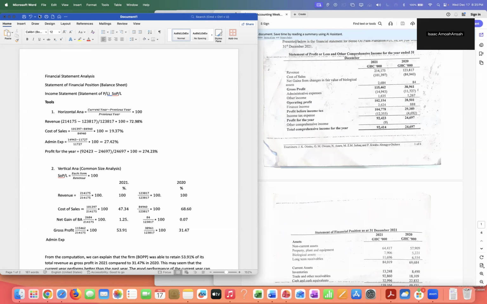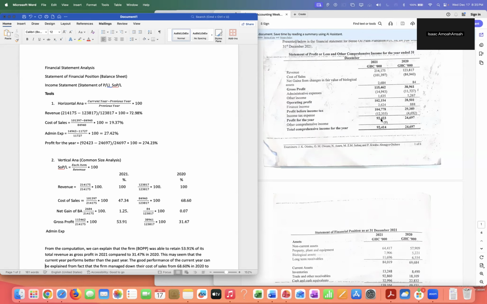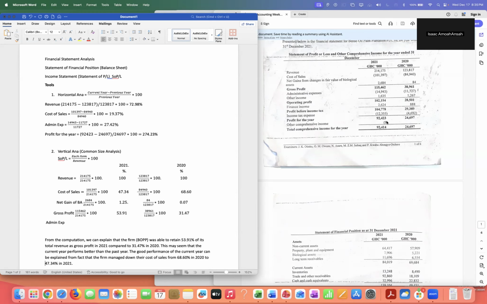Okay. So what I'm saying is we can go on and on and compute all of these and still be able to perform a good analysis, especially if we generate up to profit for the year. Then we can get a very good analysis, better than what we just did, right? Because at profit for the year, we're able to say that maybe the firm performed better in 2021 or 2020.